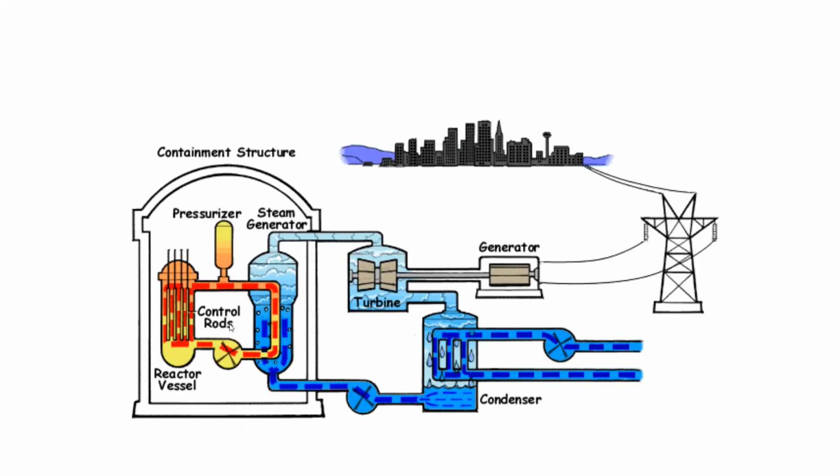But with this, like I said, we're producing a whole bunch of energy. That energy is released in the form of heat. We use that to turn water into steam, and that turns a turbine connected to a generator, producing electricity.